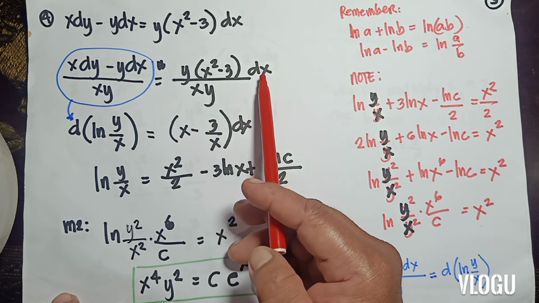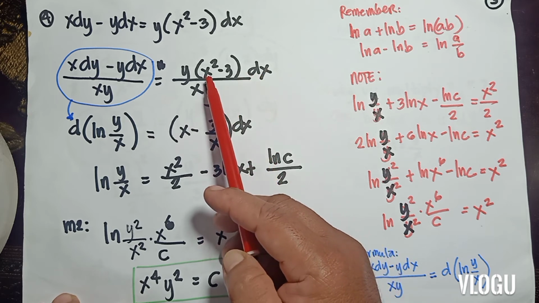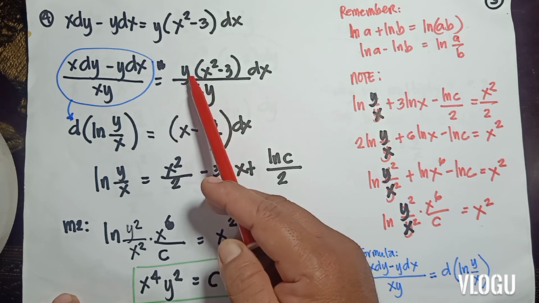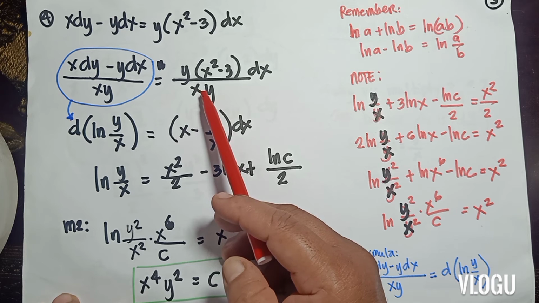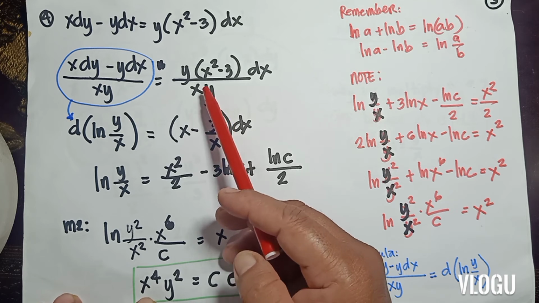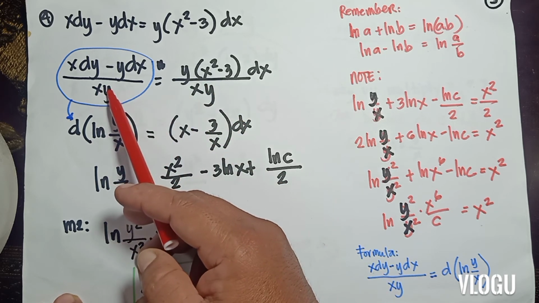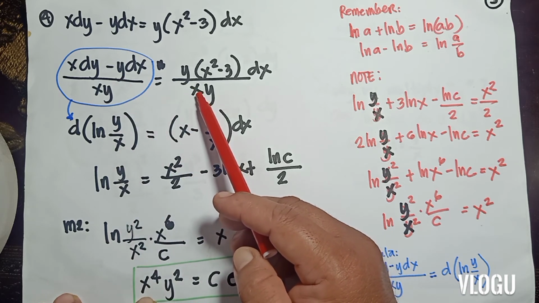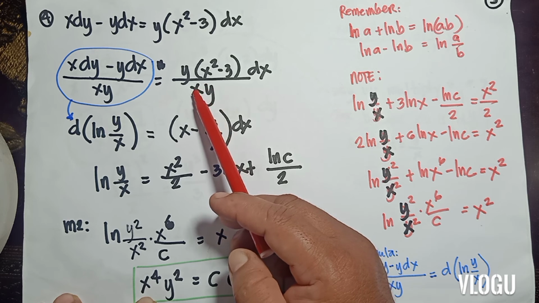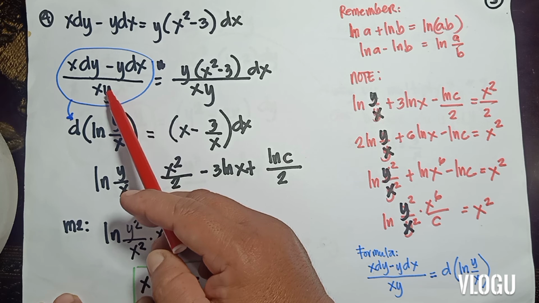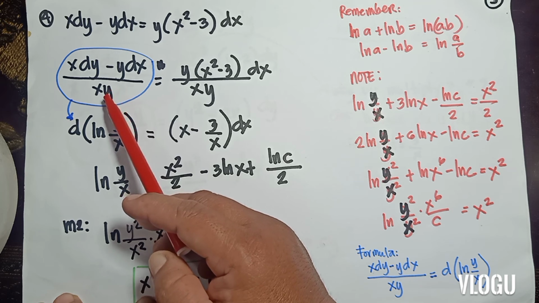So, what is your variable? x. So, we have y here, and we cancel out y so that you will have a single variable. Then you can integrate. So, we divide by y. And then, in our form, the denominator is xy. That's the reason we multiply here with x. So you again divide by x so that you will have the same form with your denominator at the other side.